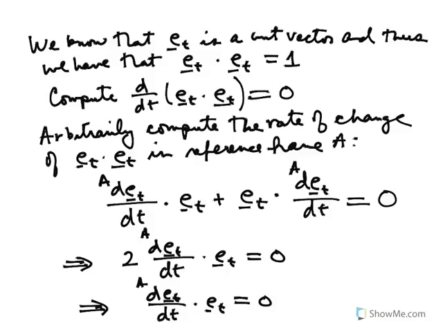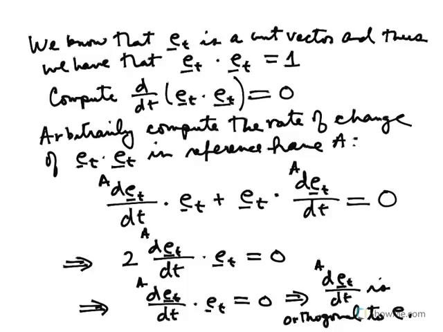When I take the scalar product between them, I get 0. So what this tells me is that dET dt in A is orthogonal to E sub t.